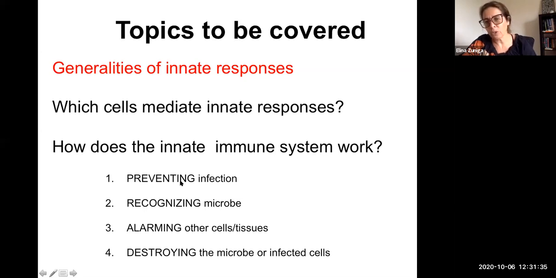We have talked about some of these generalities and the cells of the immune system in the previous lecture, and we also mentioned that the innate immune response can be subdivided into different phases: preventing the infection, recognizing the microbe, alarming other cells and tissues of the presence of the microbe, and then ultimately destroying the microbe or the cells that are infected with it.